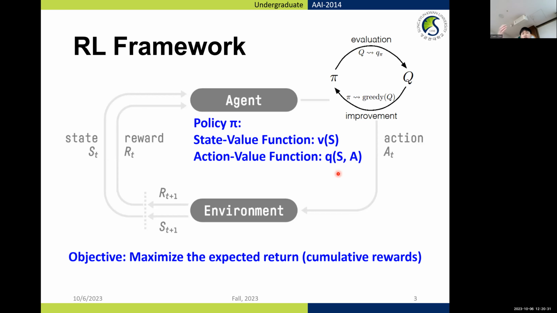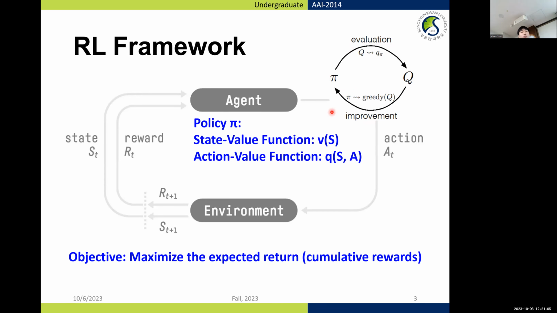Previously in DP, we derived the Bellman equation and the Bellman optimality equation to describe how we can improve the state value and action value. There is a theoretical background here. With this iterative approach, we evaluate the policy, update the Q quality, then improve the policy.